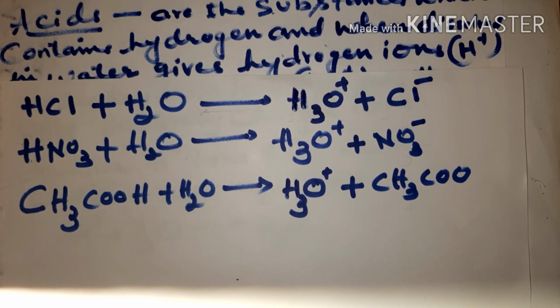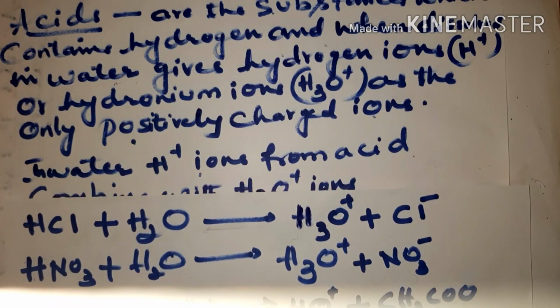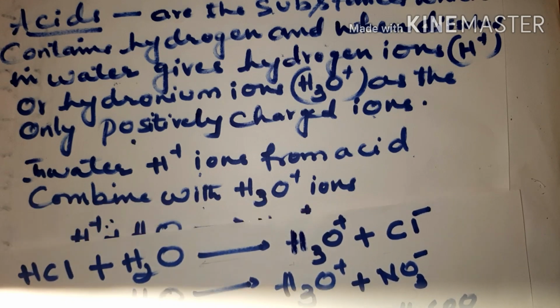Citric acid is found in lemon, so it is sour to taste. Tartaric acid is found in tamarind, and it is sour to taste. All these acids are sour to taste physically, but chemically most acids are highly corrosive in nature.